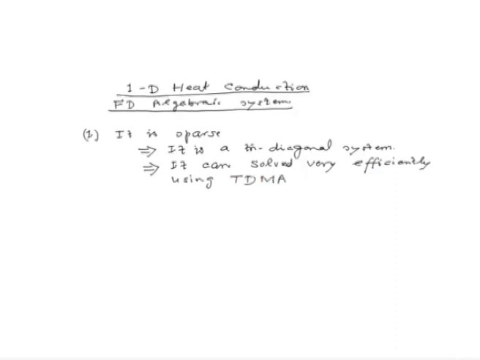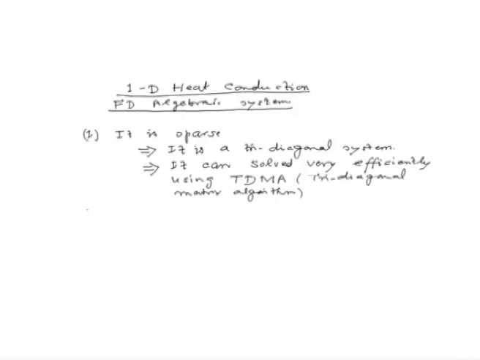This TDMA is an acronym for tri-diagonal matrix algorithm, and some people also call it Thomas algorithm.